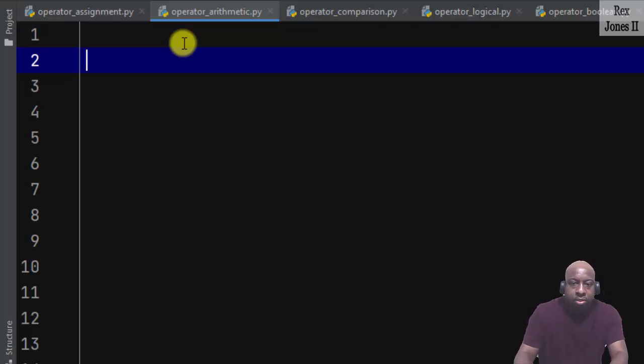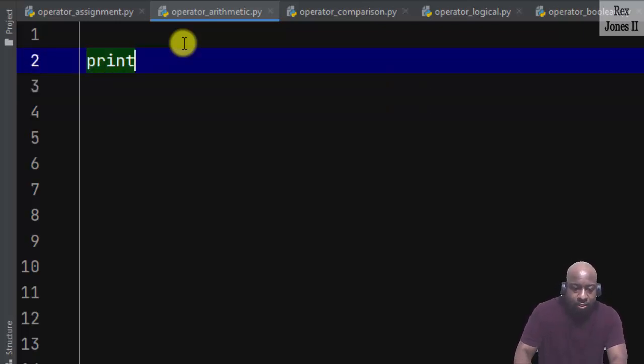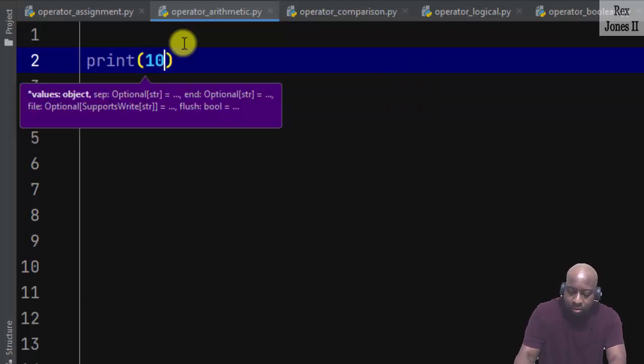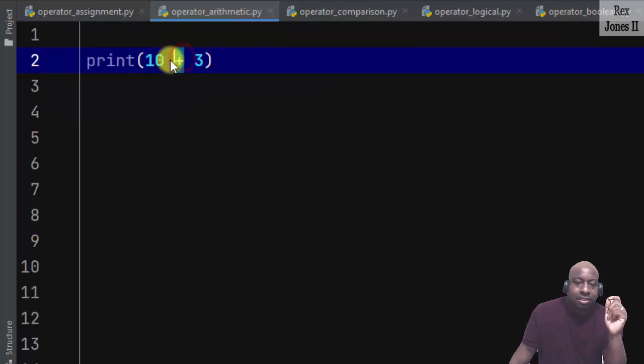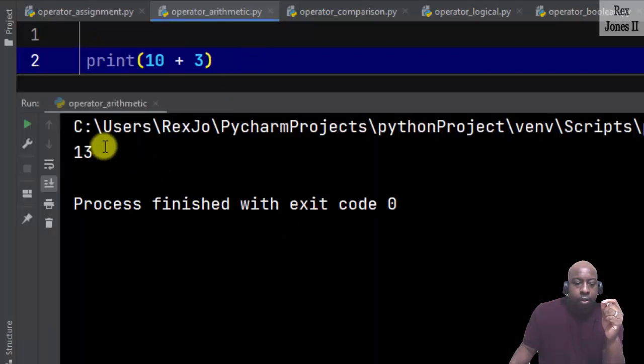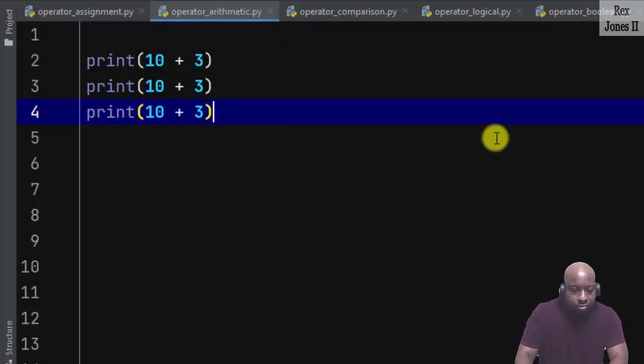Let's look at a few operators such as print, let's say 10 plus 3. We know the plus symbol represents addition, so the answer is 13. Yes, the console returns 13. Now I'm going to copy this statement and paste it 6 times.